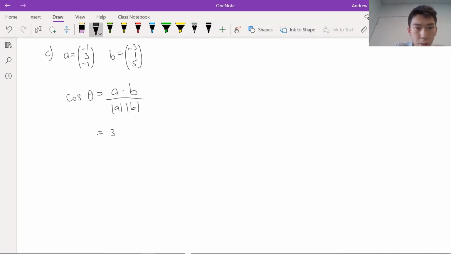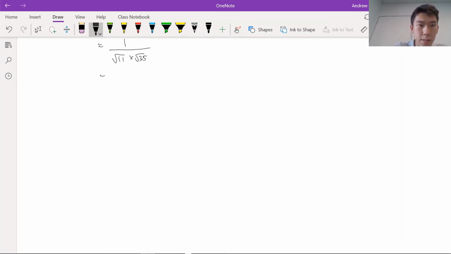So we have 3 + 3 - 5 over, okay, and remember magnitude is the square root of the sum of the squares of all the components in each vector. So it's going to be the square root of 1 + 9 + 1 times the square root of 9 + 1 + 25, which ends up being 1 over √11 times √35.